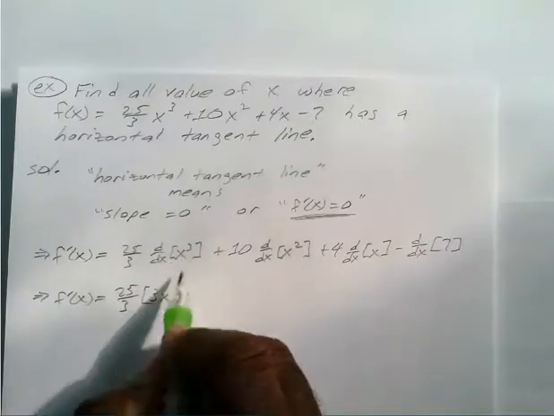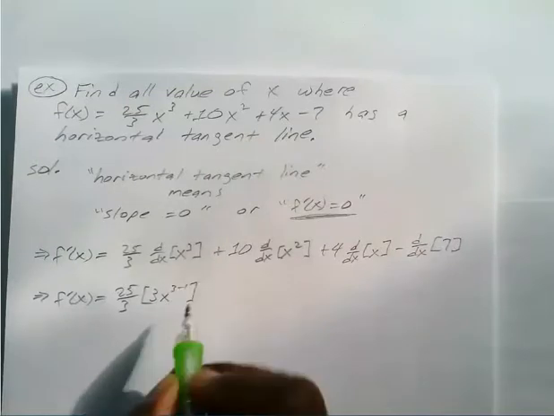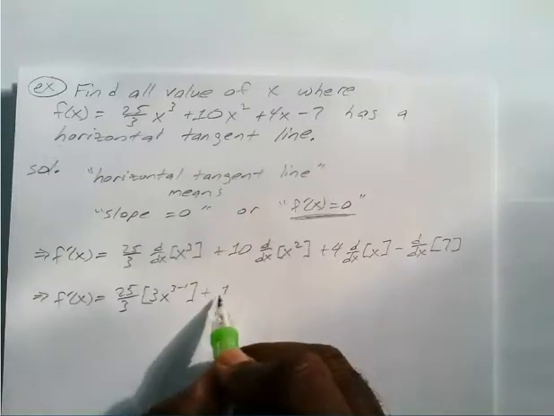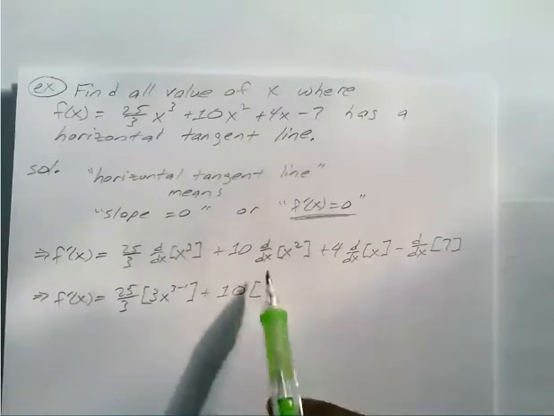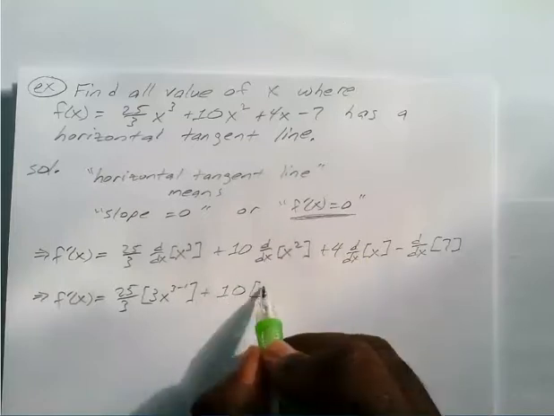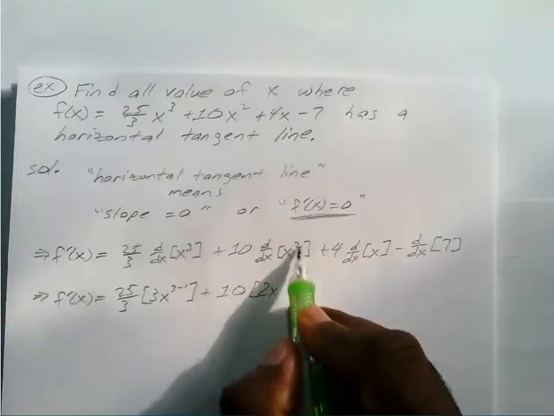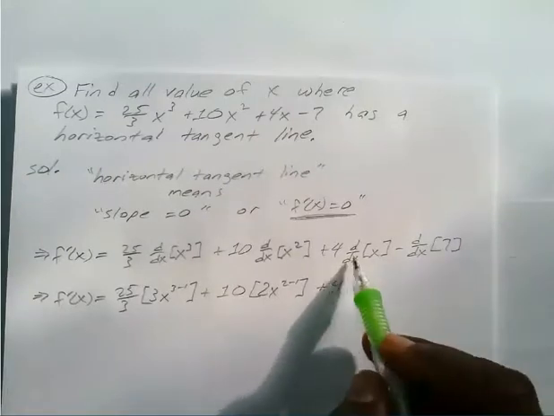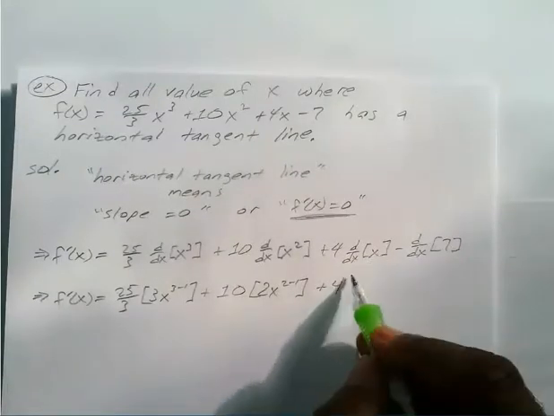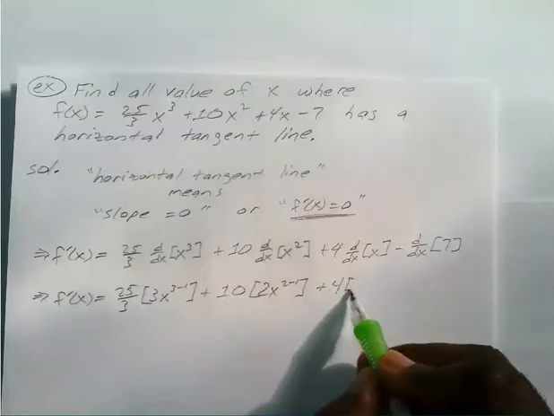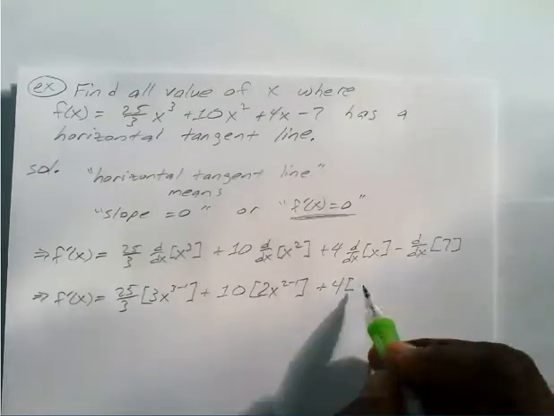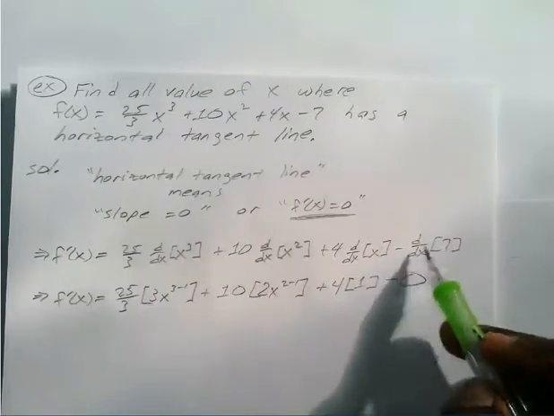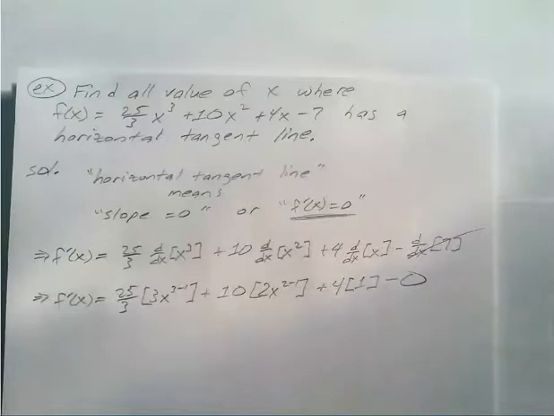You have x to the 3 minus 1, so you subtract 1 after you bring it down, plus you have 10, the derivative of x squared, you're going to bring down that 2, times x, then you're going to subtract 1, plus 4, remember the derivative of x is just 1, so you can make it x to the 1 minus 1 if you want to, minus 0. So we already knew that was 0 just by looking at it.